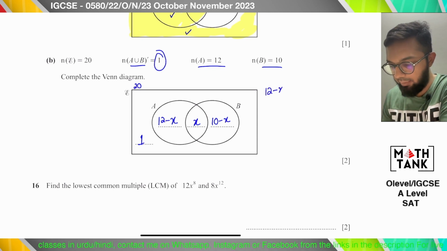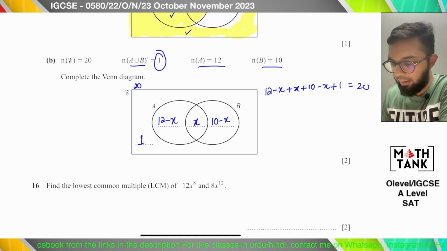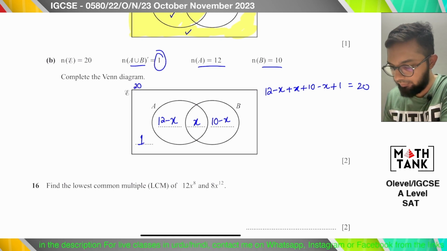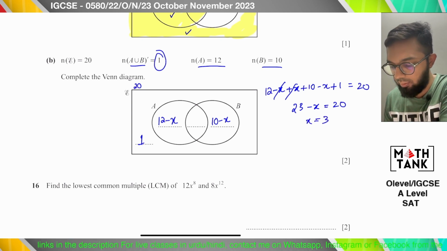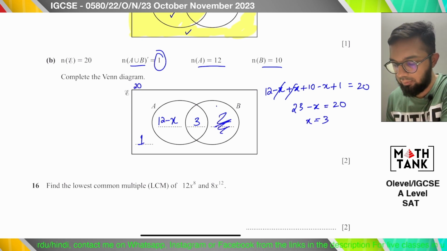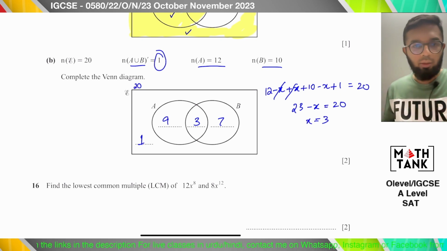And I'm going to add up all of them equals 20. So x is 3. So 3, 7, and 9.